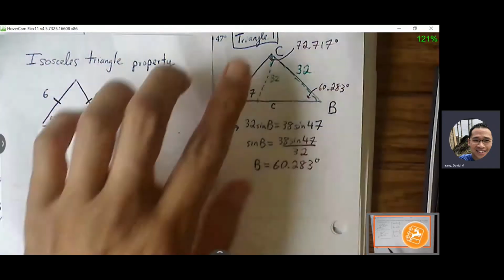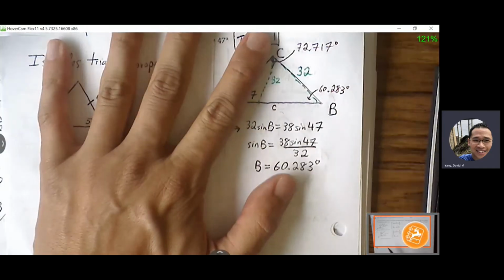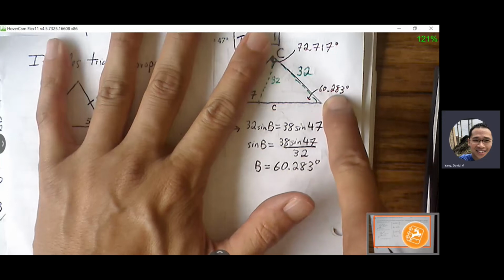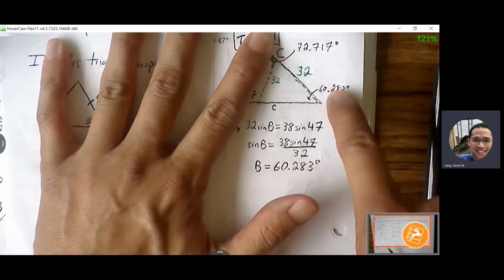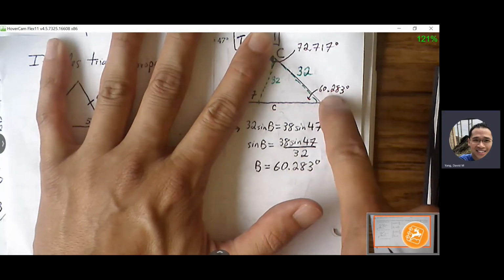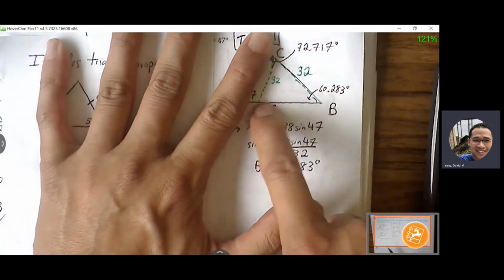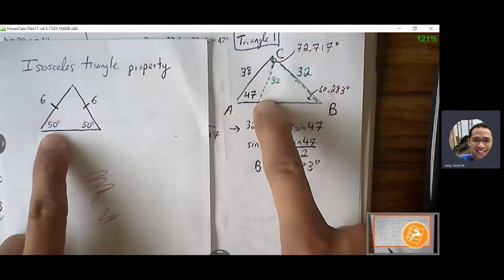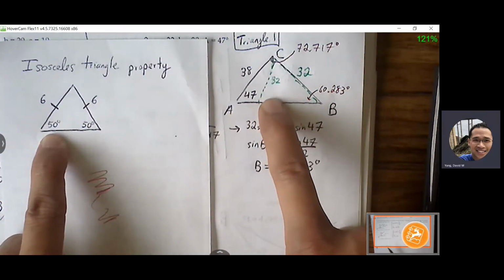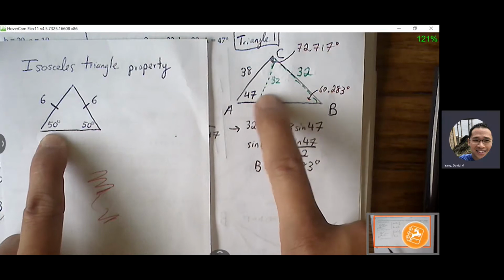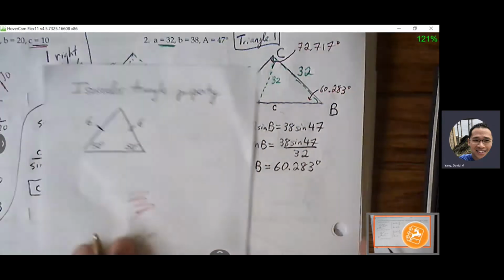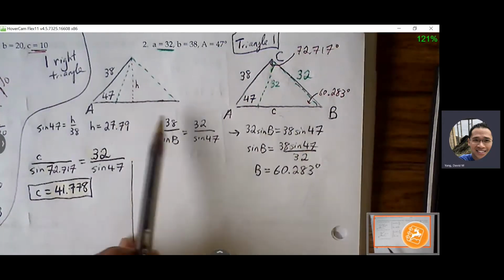We're using this imaginary triangle here to indicate that this 60.283 is going to be helpful to find an angle that we need. Because if this is 60.283, then this angle is also 60.283. And if that angle is 60.283, we know that the obtuse triangle is going to be 180 minus that angle.